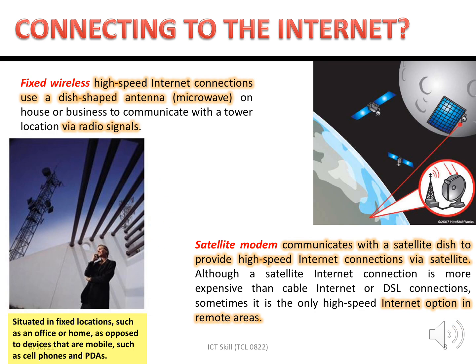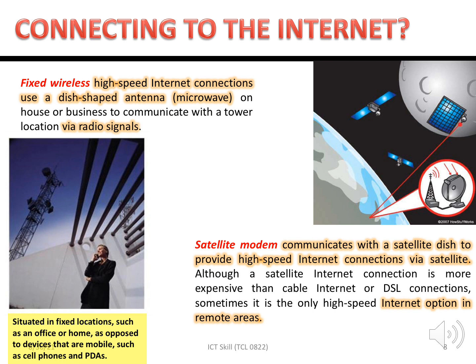This one is fixed wireless, or we can call it Wi-Fi, which is a high speed internet connection that uses a dish-shaped antenna on the house, or others, and you can use it for Wi-Fi.